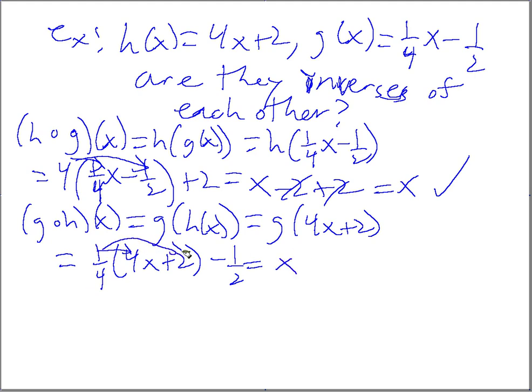What's 1/4 times 2? That's 1/2, plus 1/2, minus 1/2. So the halves cancel out, and we get x as well. So we verified both composites are equal to x, so therefore they are inverses of each other.